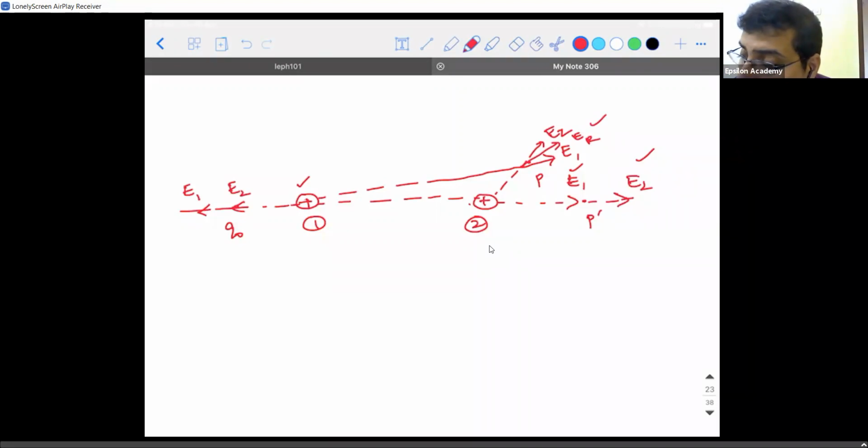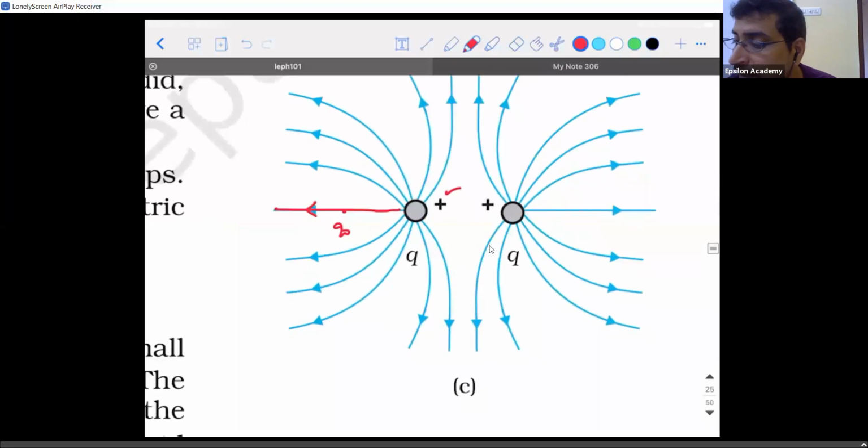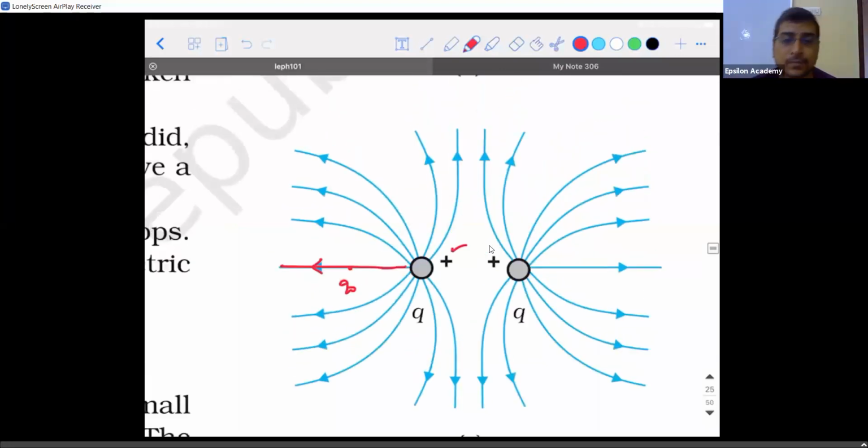If you are able to plot the shape by joining all these dots, the shape that you are going to get is the electric field line due to what kind of a system? Due to a system of two like charges. So when you have a system of two like charges, then the electric field is going to be in this way.